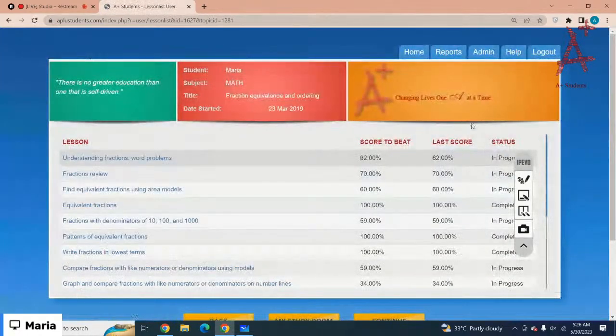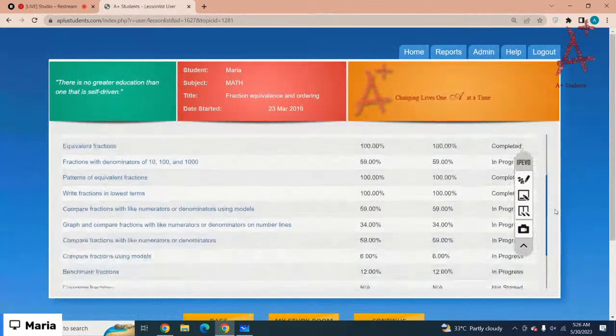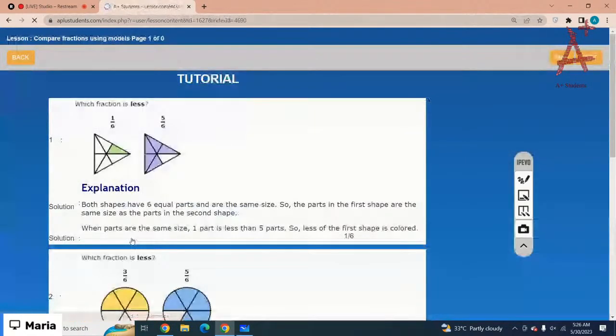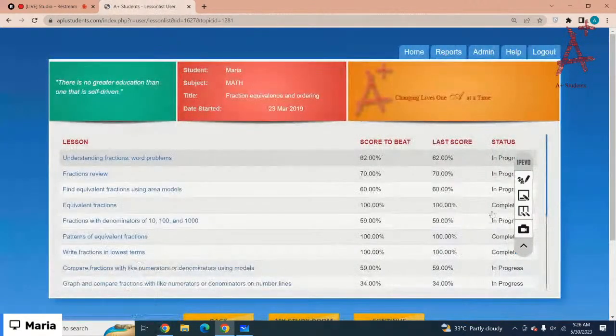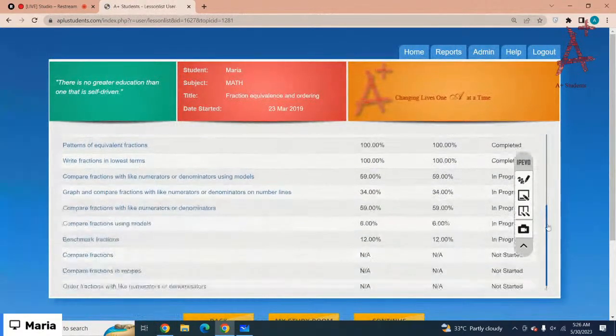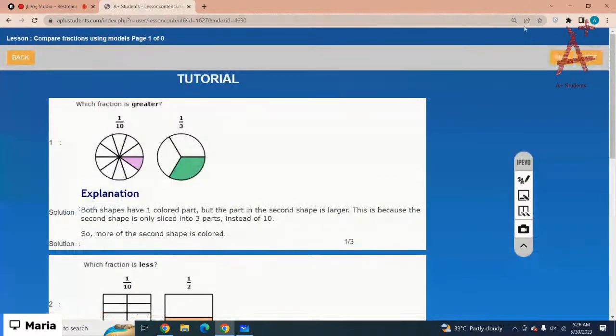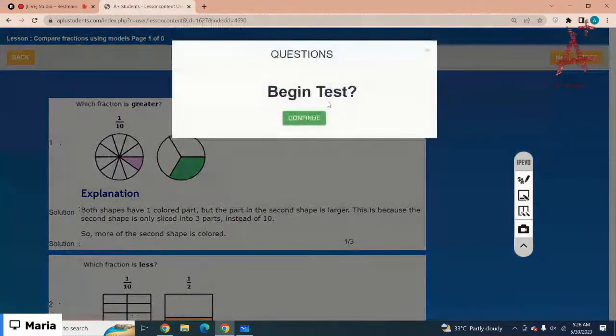Okay, the next one is compare fractions using models. We already did this one. Okay, compare fractions using model. Okay, let's just start with the test questions though.